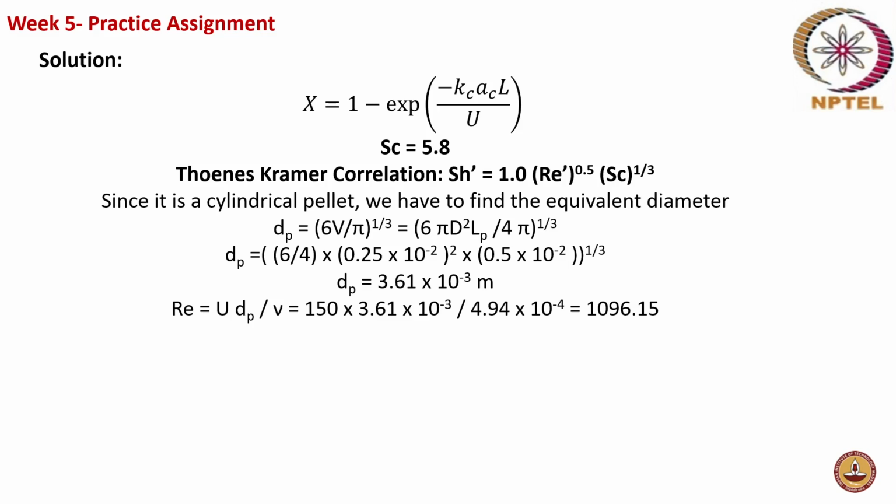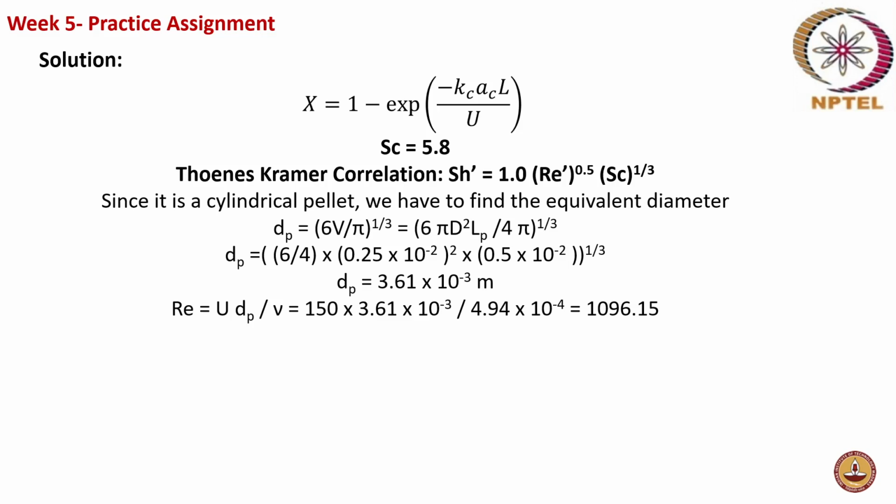So you have values of all the terms. U is equal to 150 and the equivalent diameter we just calculated is equal to 3.61 into 10 power minus 3 meter, divided by kinematic viscosity, which is also given as 4.94 into 10 power minus 4. So you will end up with your Reynolds number as 1096.15.